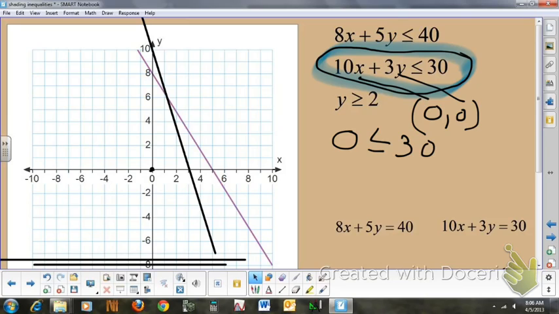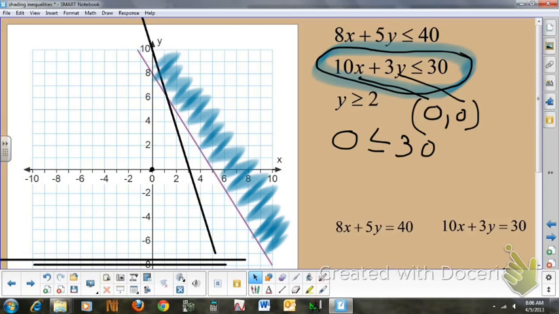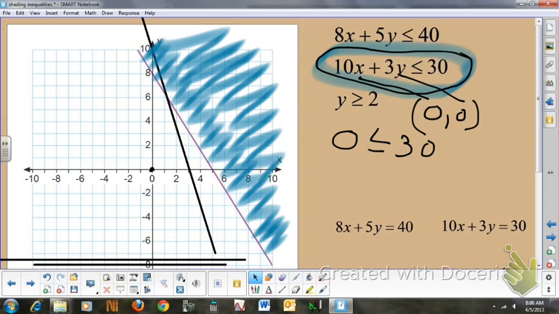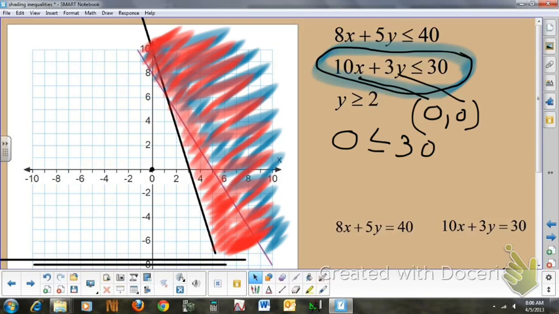And so what we've done is we've shaded this area initially for the first inequality, and now for the black line, we're going to shade on this side. Got a little bit of an overlap here, and so we have that much shaded.